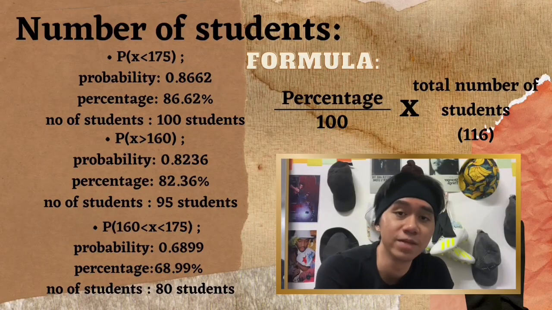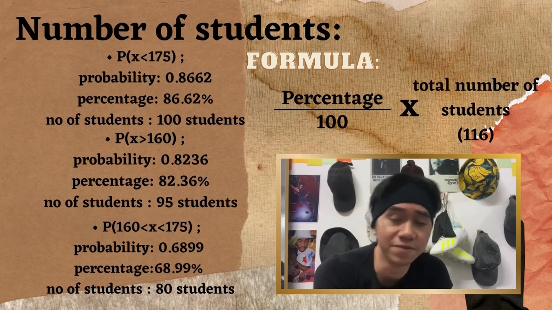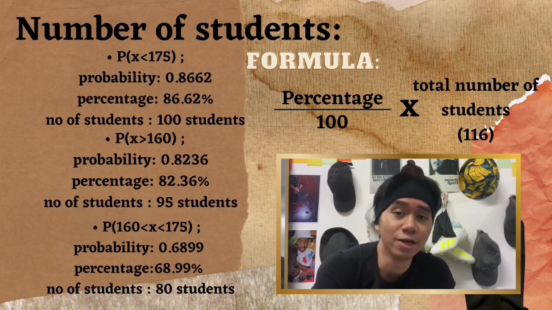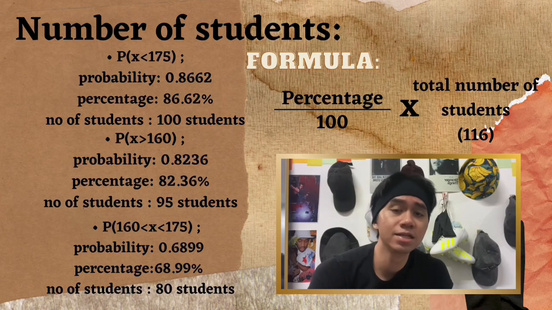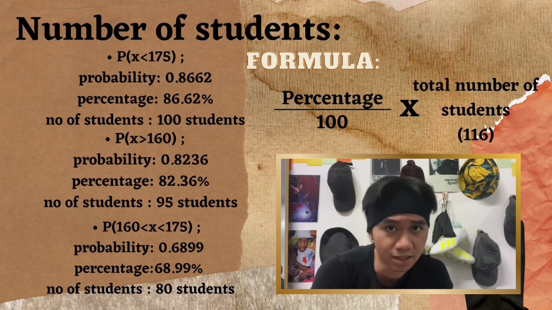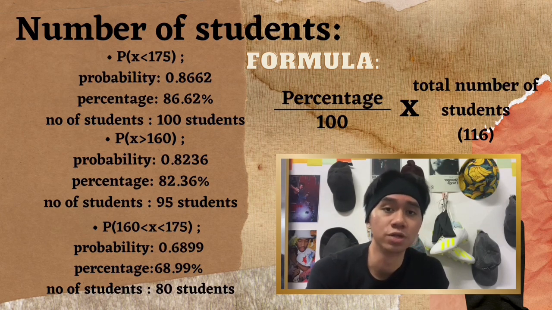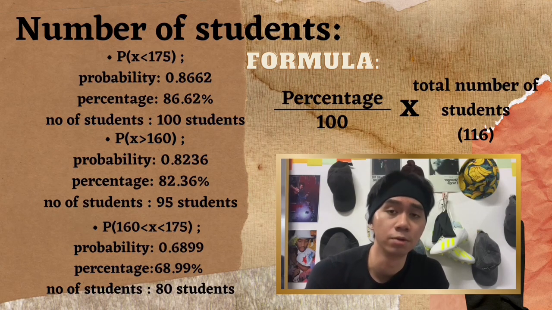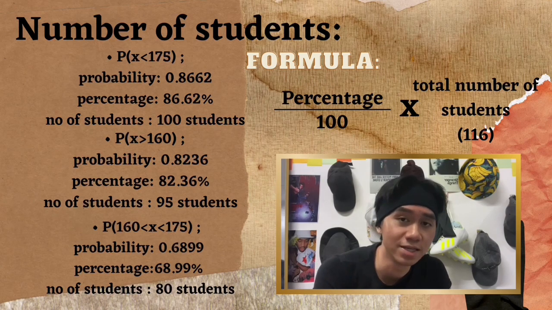Now, I am going to explain how to convert the probability for each of the ranges to actual number of students based on the ranges that we have set. For example, for probability height less than 175 centimeters, the percentage is 86.62%. When we want to convert it to number of students, we have to divide it by 100, so that we'll get the probability, which is 0.8662.